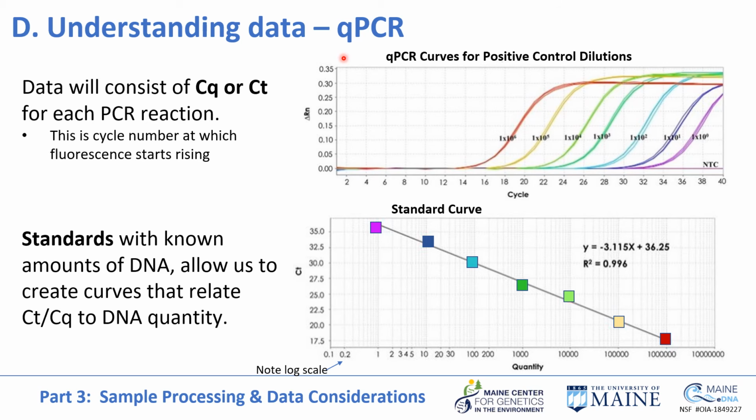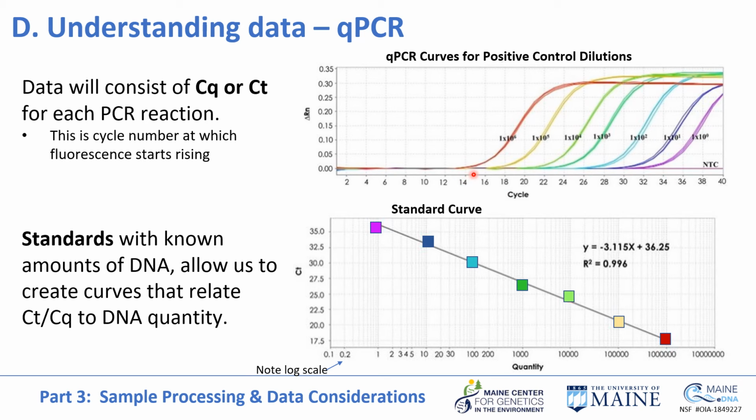People will make your target gene for you and ship it to you in the mail. It's pretty crazy. But anyways, you'll make different dilutions of your target DNA. So here we have many copies, 1 × 10⁶ copies of your target gene. This is a little less, 10⁵, and down here we just have 10 copies of your target sequence.